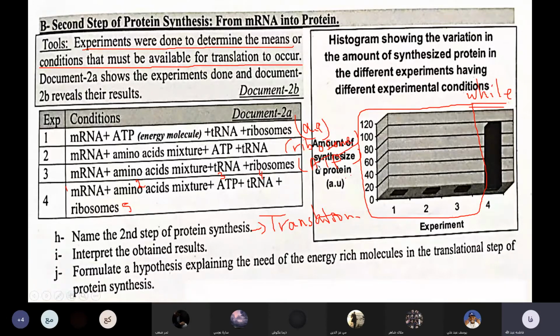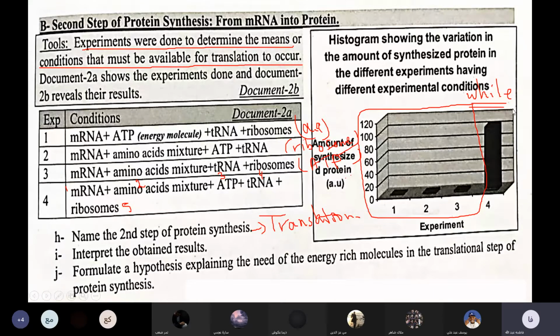The third, missing ATP molecules, shows no protein synthesis, or shows 0 AU amount of synthesized protein, while tube 4, which has messenger RNA, amino acids mixture, ATP, transfer RNA, ribosomes, shows a maximum of 100 AU of synthesized protein.